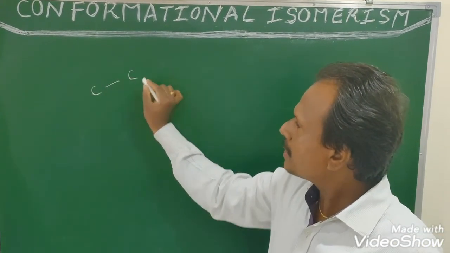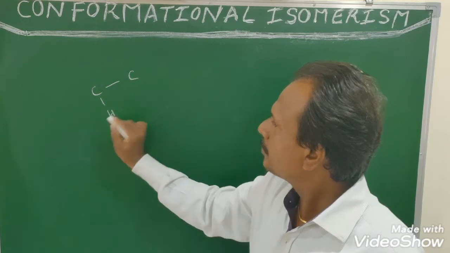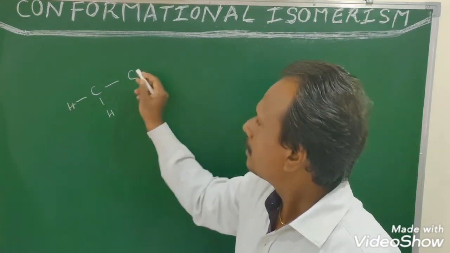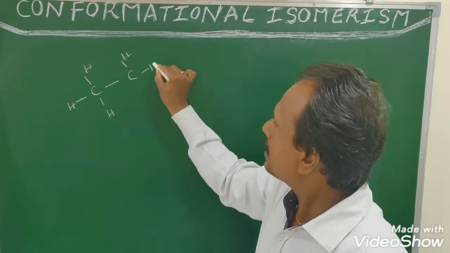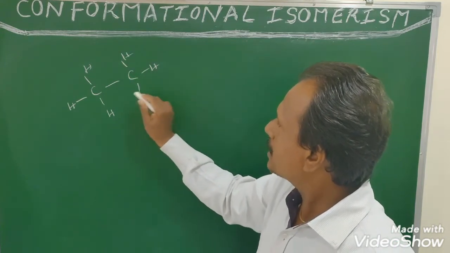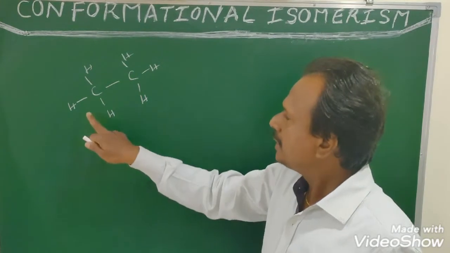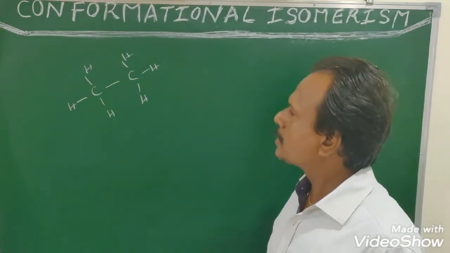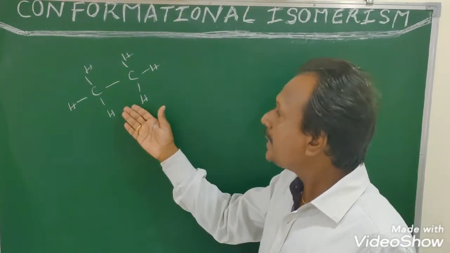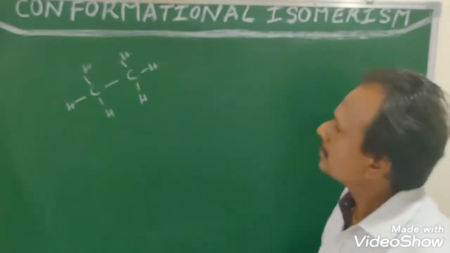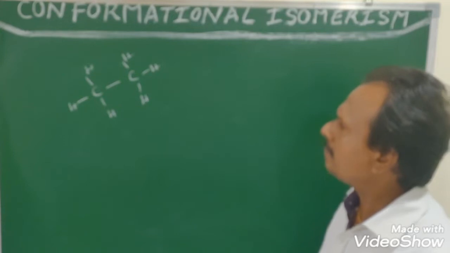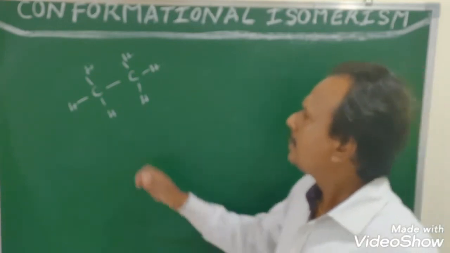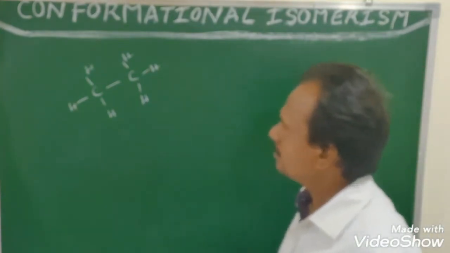Due to free rotation of the sigma bond, the spatial arrangement of H atoms changes. Ethane molecules exist in infinite conformations. But among the conformations, three are main conformations. They are represented in Newman projections.